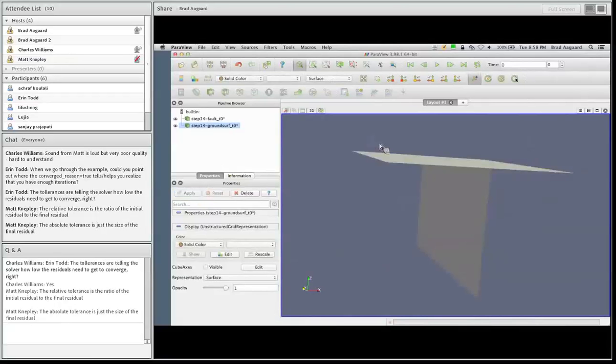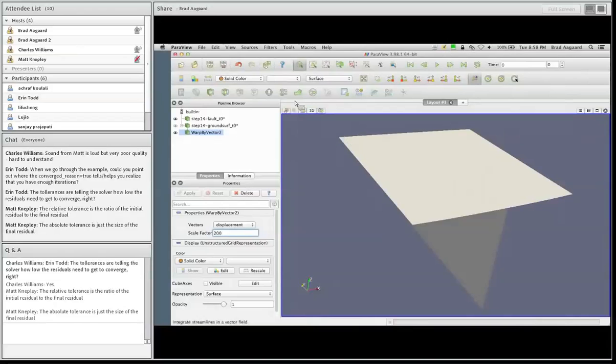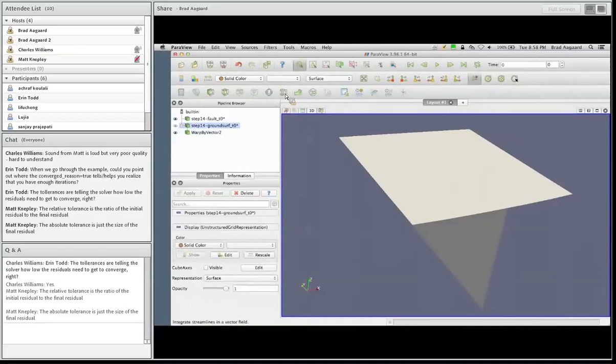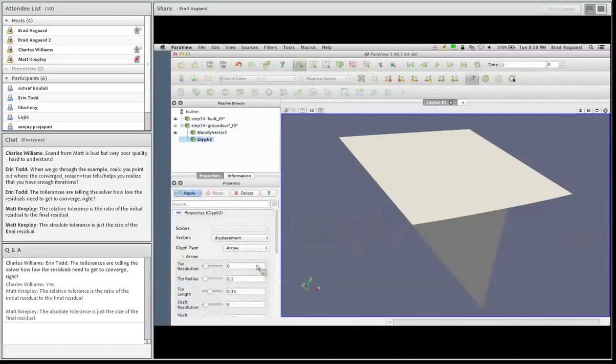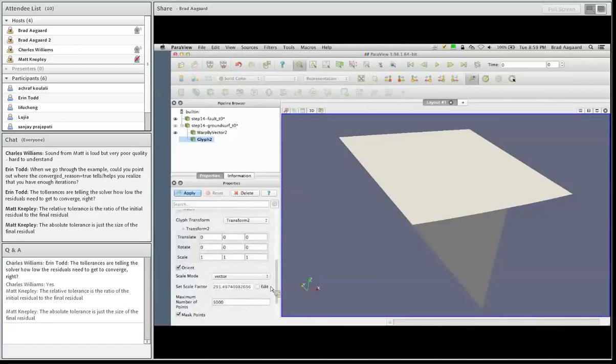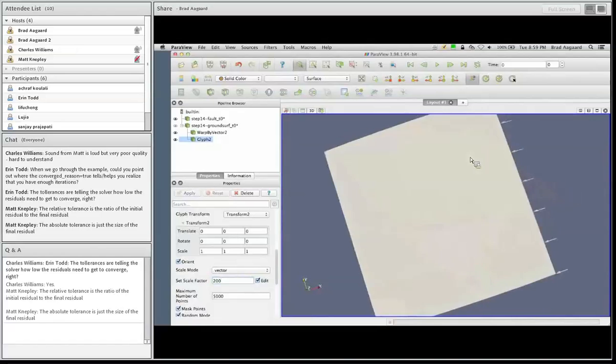Let's magnify things by a factor of 100. So let's do 200. Let's show our displacement vectors on our original. So we'll scale them. We did a factor of 200, so let's have them point from the original.